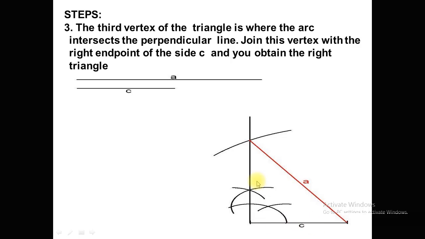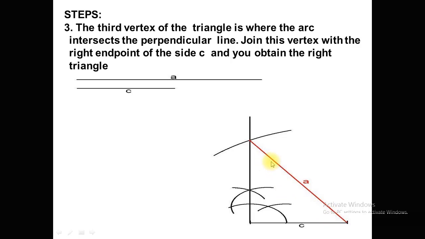This is actually the base, and this is actually the perpendicular. Now there are actually two perpendicular lines. Perpendicular lines mean the lines which are opposite to an acute angle. In this right angle triangle, one angle is 90 and the other two angles are acute angles.